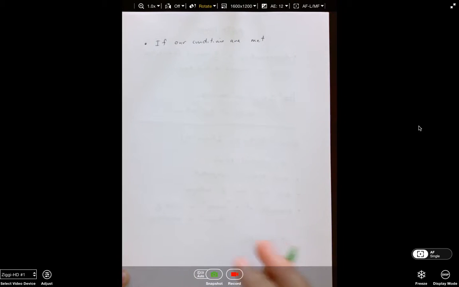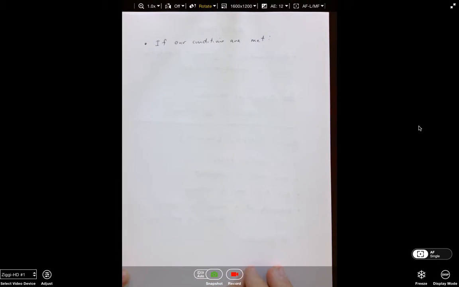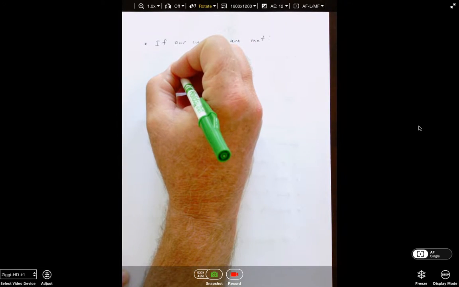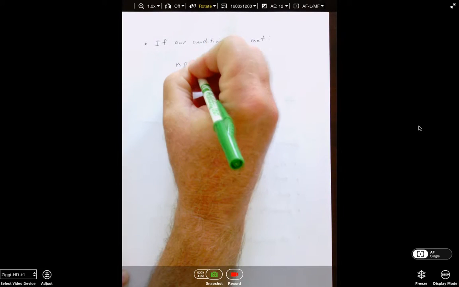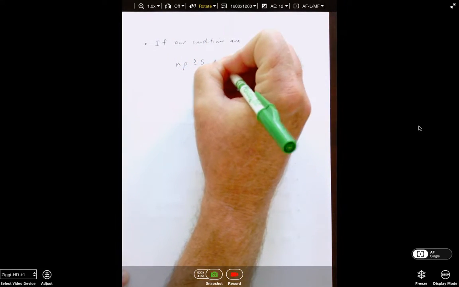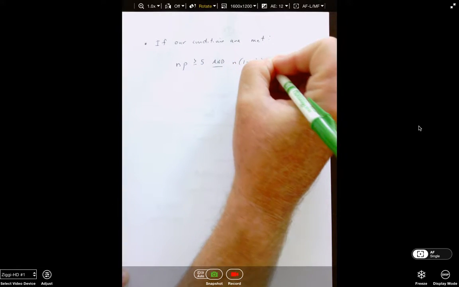If our conditions are met, and guys, our conditions are very simple in these types of problems. All we need is n times p to be greater than or equal to 5, and n times 1 minus p also to be greater than or equal to 5.